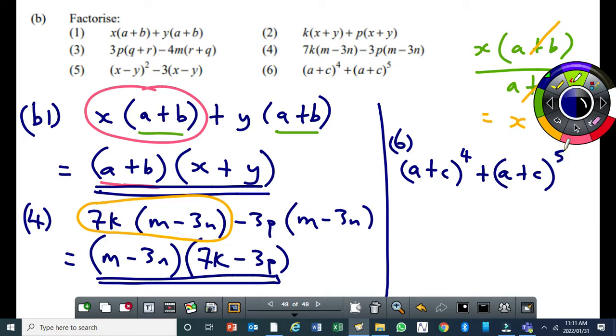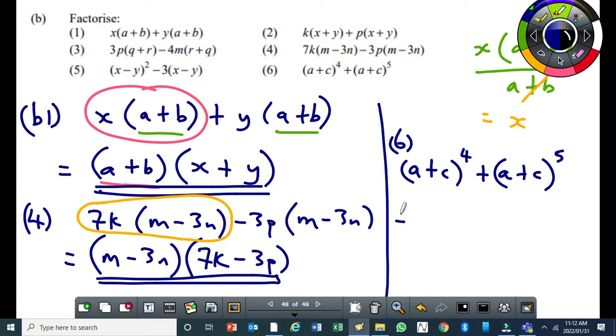Now remember, here the a plus c is like a common factor, but we need to identify the correct exponent. So what will be our highest common factor then? Remember, it's the one with the smallest exponent. So it will be a plus c to the power of 4. So we take out a plus c to the power of 4. Then you open the bracket.